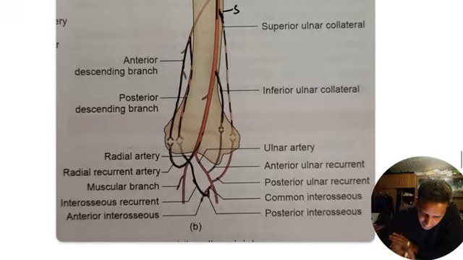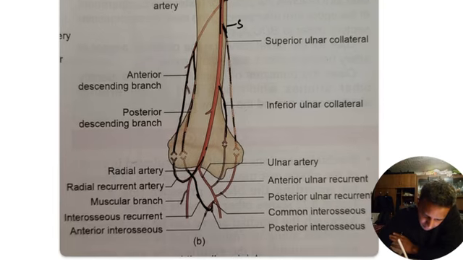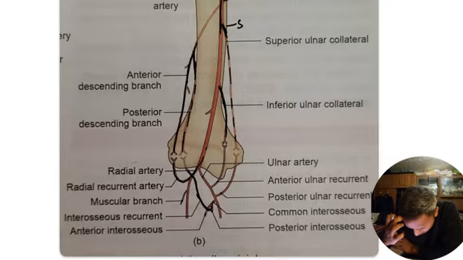So this is your profunda brachii, which is going posteriorly along your radial nerve, and then it gives off two branches. This is the anterior branch and this is your posterior branch. Your brachial artery gives off two branches, your superior ulnar collateral and your inferior ulnar collateral.